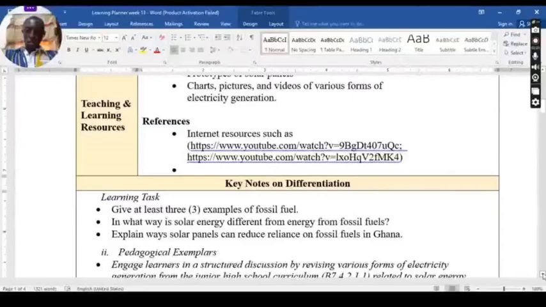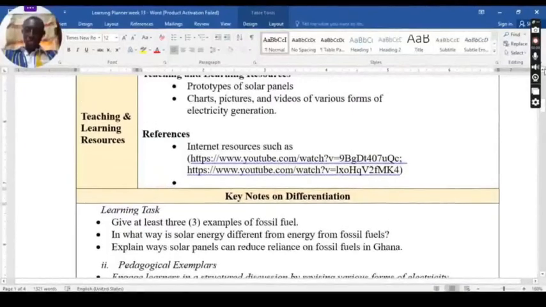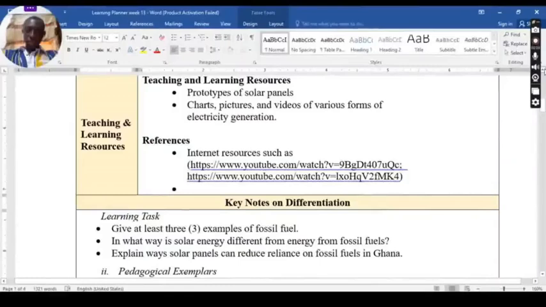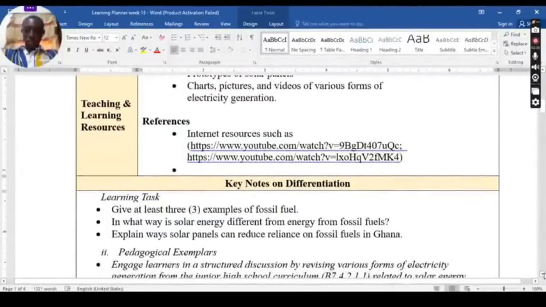Teaching and learning resources are the physical items you use. Even if it is cooking, you have to type all the ingredients here. They're all physical items. Then references, it could be a book. A book is a reference when it is only the teacher who uses it, gains some information from the book and uses it to facilitate learners' understanding.